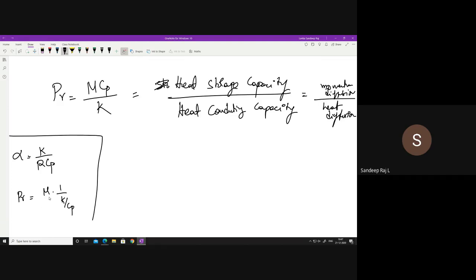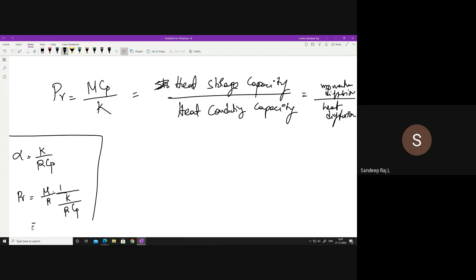I will also introduce the rho into this one. Sorry, it should be k by rho Cp. This rho was not existing in Prandtl, so I will divide by it here also.